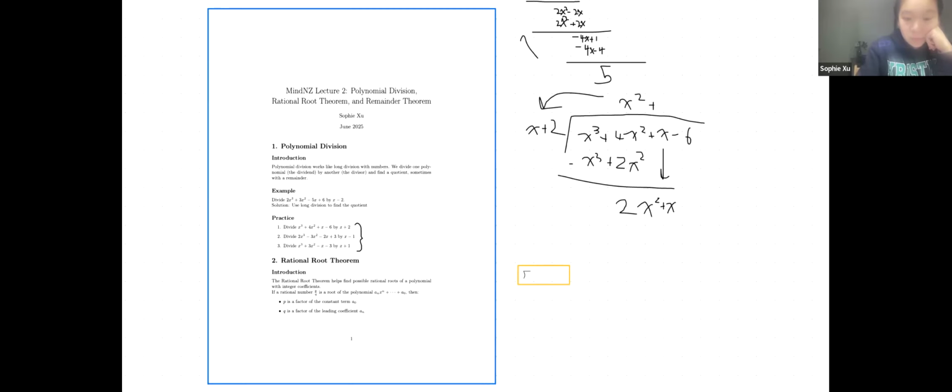So how many x plus 2's go into 2x squared plus x? 2x can go into it, right?